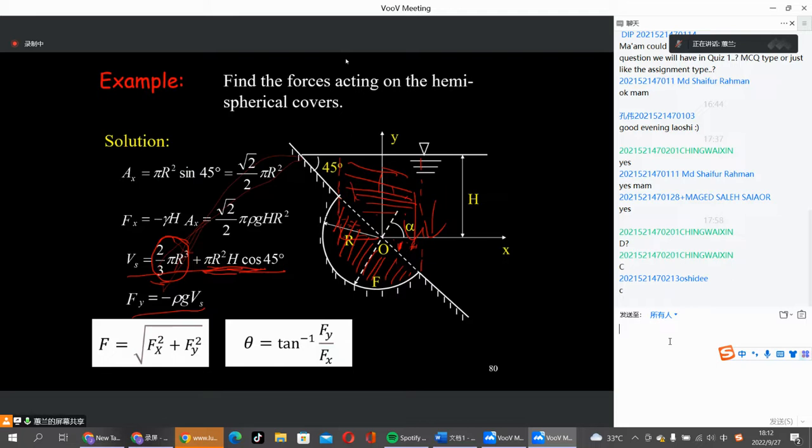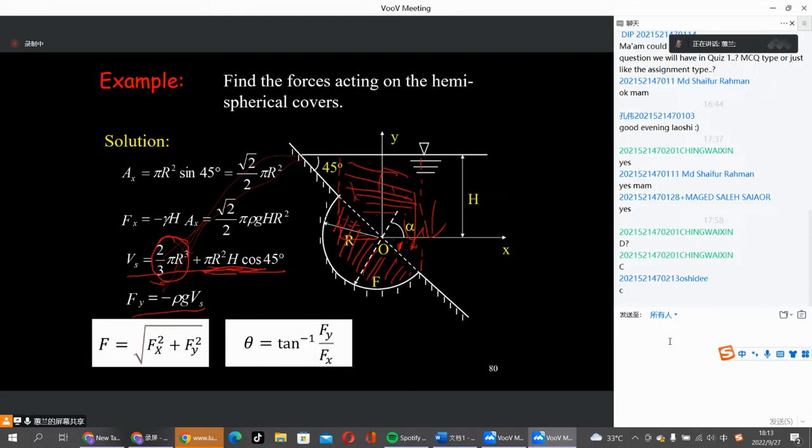In the previous examples it was usually unit width, but here it's not. The area we need to calculate here is not a unit width because it's a sphere, okay. But it's the same, horizontal and vertical.